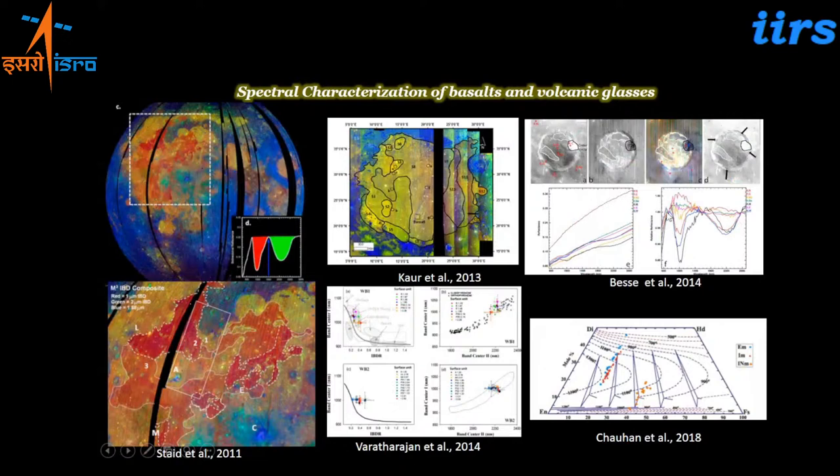This is the spectra of the pyroxenes taken from different parts of this particular crater, and has been utilized for understanding the variability present within this crater. And this is again where the spectral parameters were utilized for determination of the temperature as well as compositional variability.